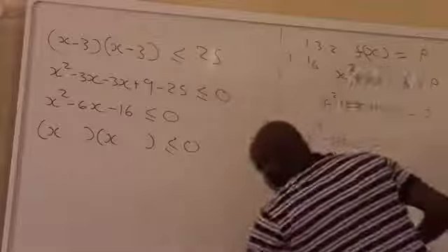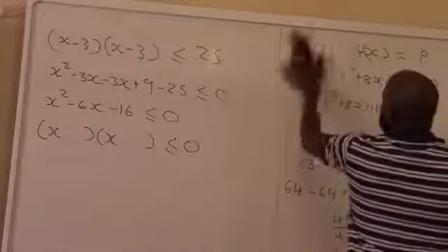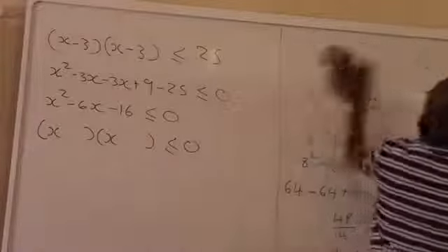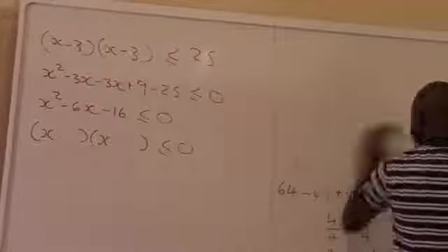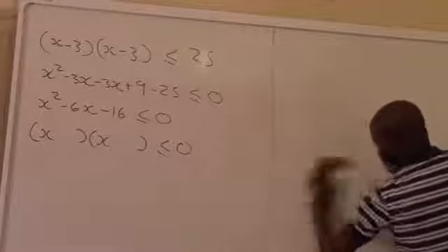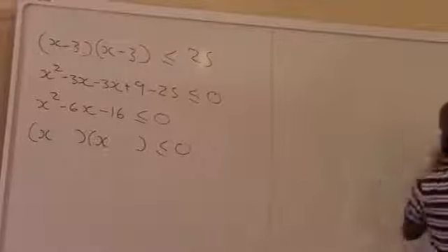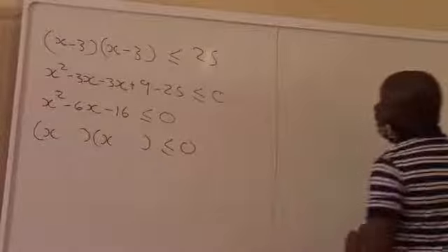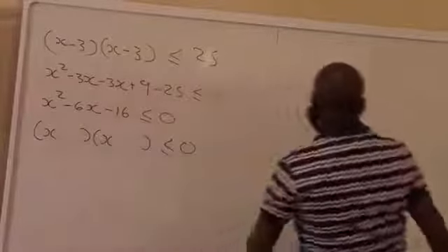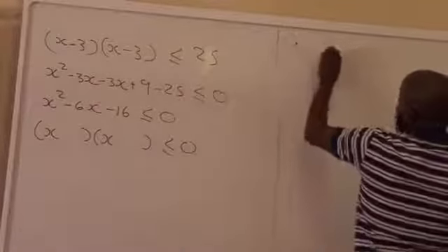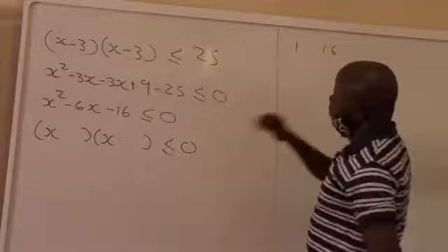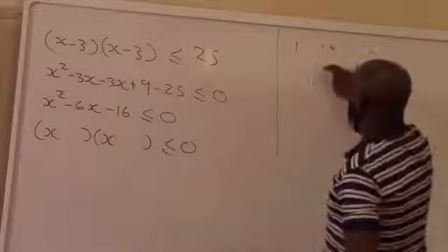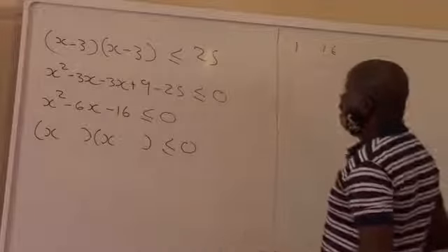Because it's negative, one should be positive and the other should be negative. Then are we going to get the 6, that middle term that we want, with 1 and 16? Because 1 times 16 is 16, and because of the negative it means it's subtraction. So 16 minus 1 is 15.